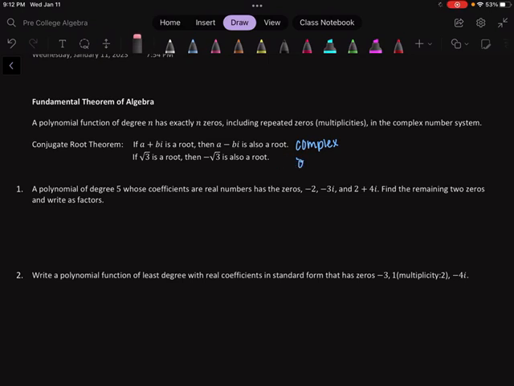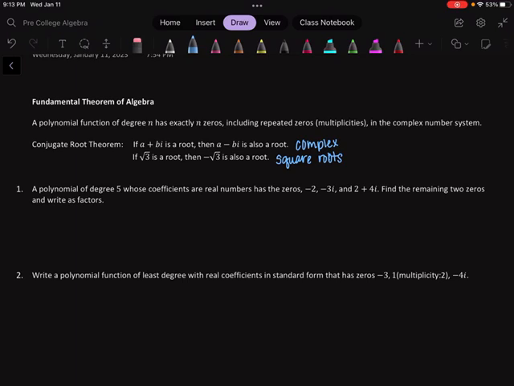It's still a real number, but any radical that has a positive root has to have its opposite root as a zero as well. So square roots, any even roots really, should have both positive and negative solutions of that root. And typically they won't be nice square roots, because that would just give us a nice whole integer, which are kind of easy, the ones that we've been doing before.